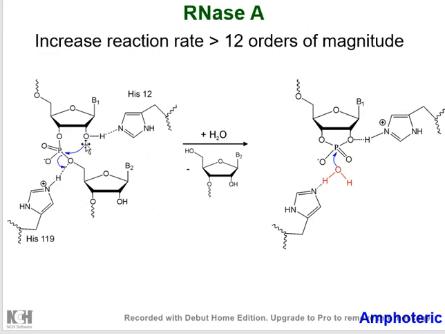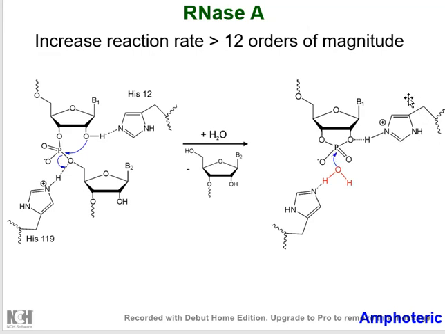So after the cleavage of the bond is completed, the 5' portion of the RNA is released from the active site, and water enters the active site. And at the second stage of phosphodiester bond hydrolysis, histidine 12 is deprotonated and can pull proton from water molecule and thus increase its nucleophilicity towards phosphorus.